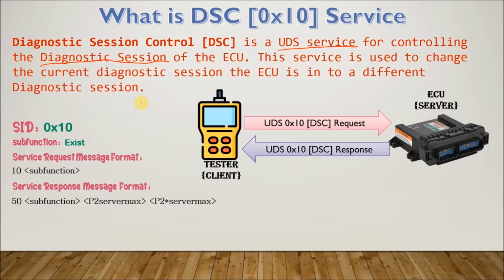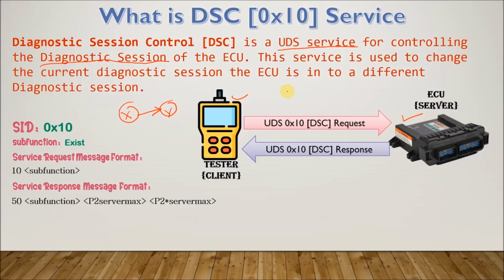If the ECU is in a particular diagnostic session, let's say X, and you want to go to diagnostic session Y, to make that change happen, we use this diagnostic session control service. So the client, which is the tester here, and the server is the ECU.